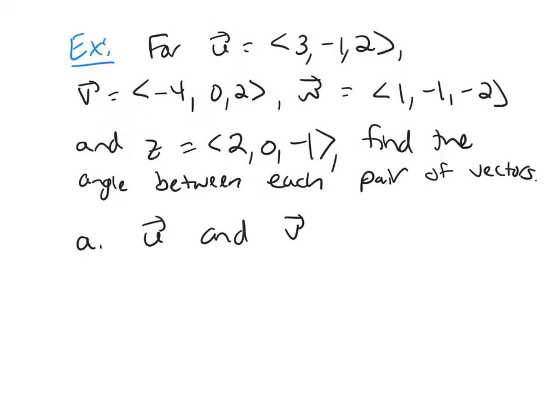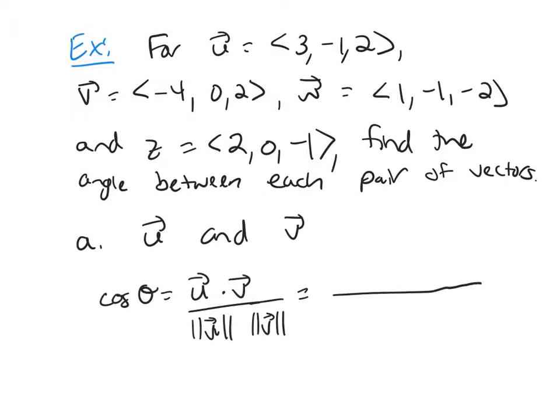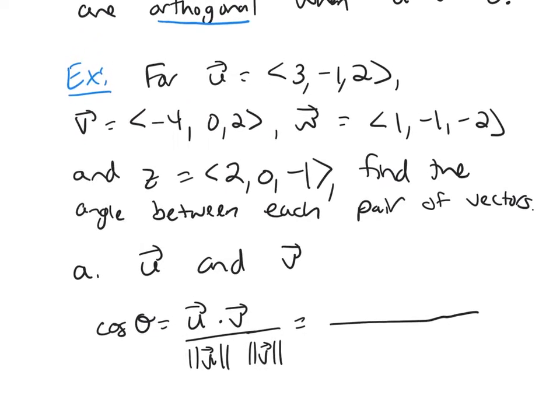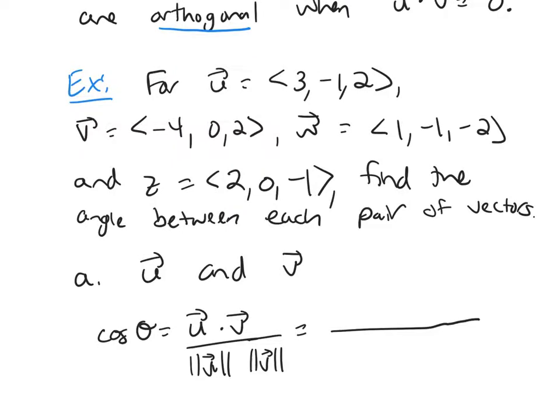So let's look at our formula here. Cosine of theta is u dot v over the magnitude of u times the magnitude of v. So I'm going to look up here at my vectors. Here's my vector u, here's my vector v.